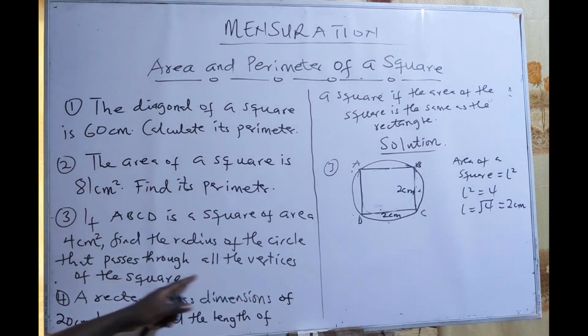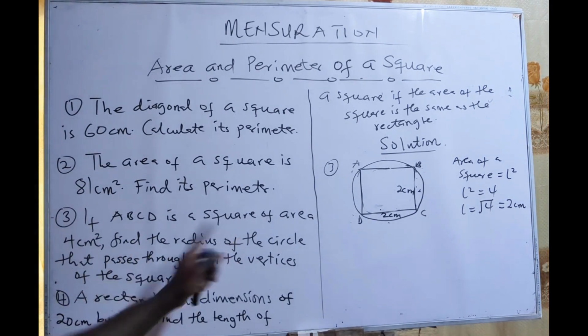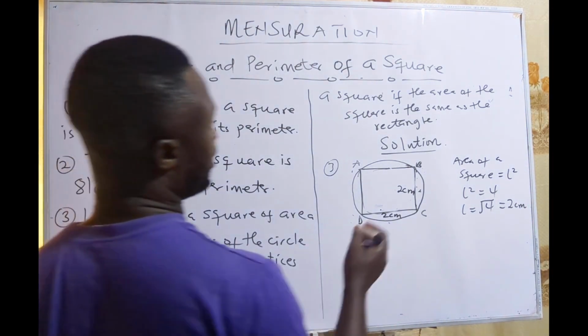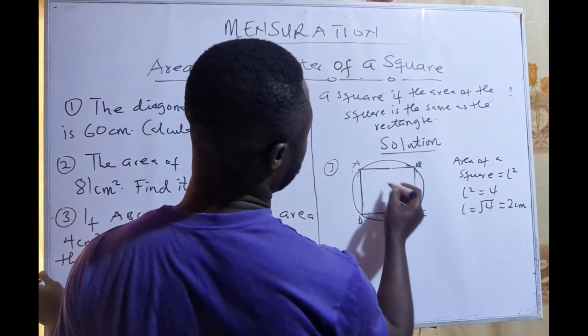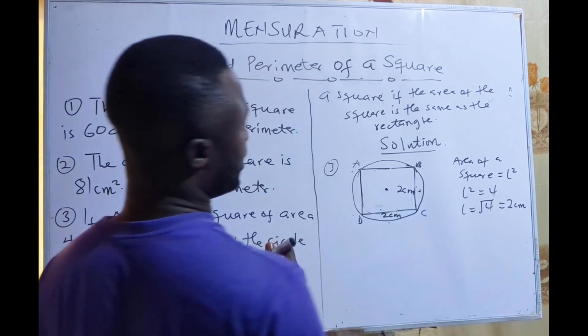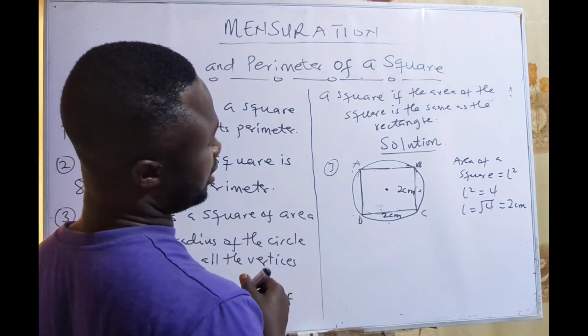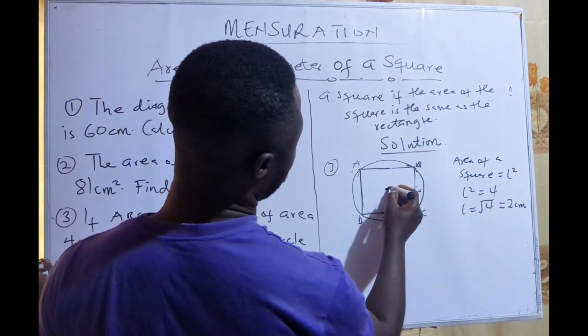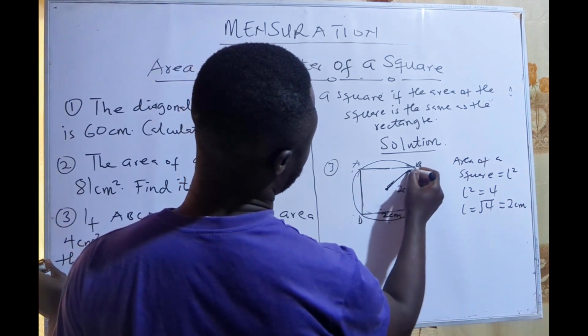Find the radius of the circle that passes through all the vertices of the square. So we are going to find the radius. The radius means that if this is the center, it is from the center to the circumference. So where are we going to get from the center to the circumference? We can get at this place, at this place, at this place. So it can be here.